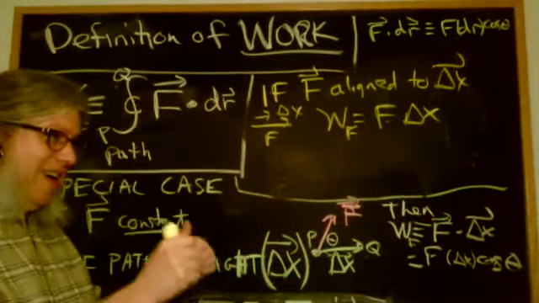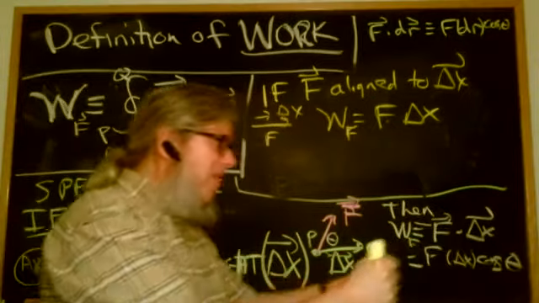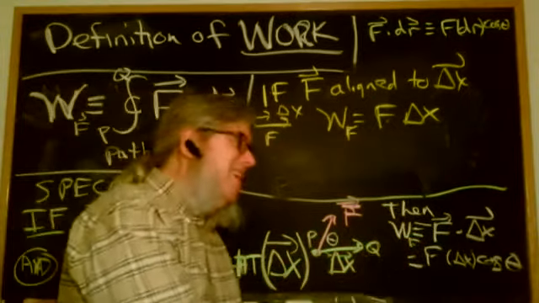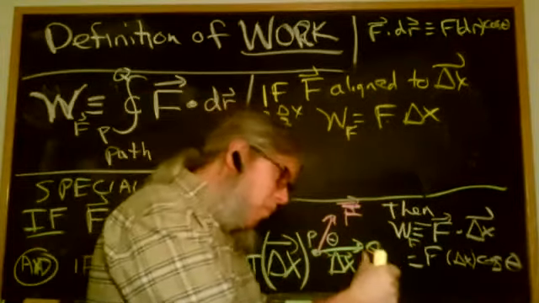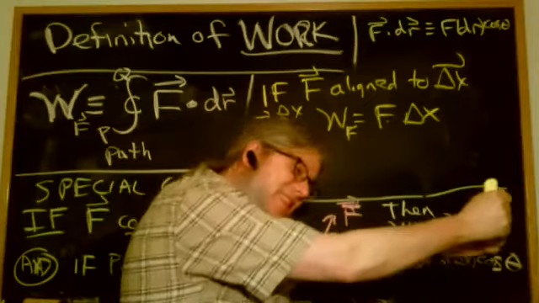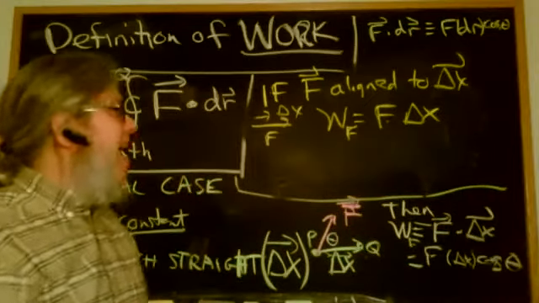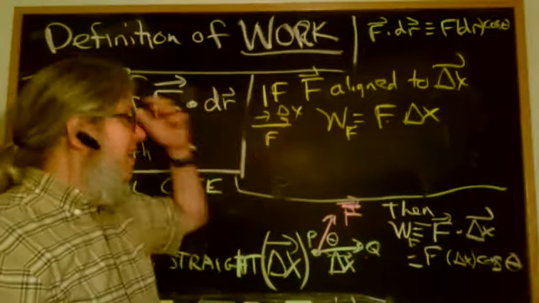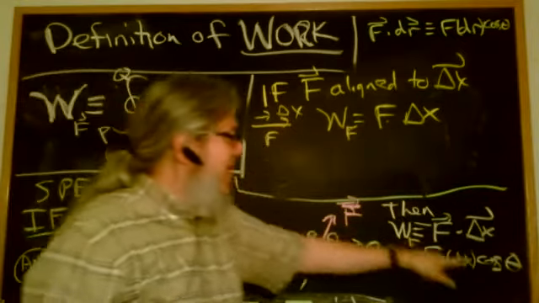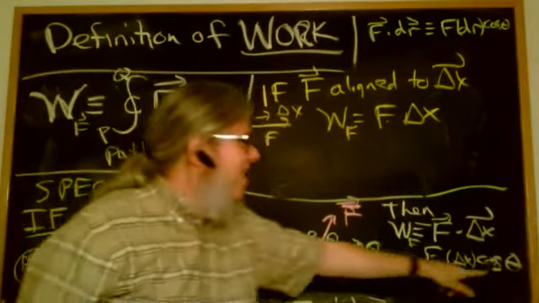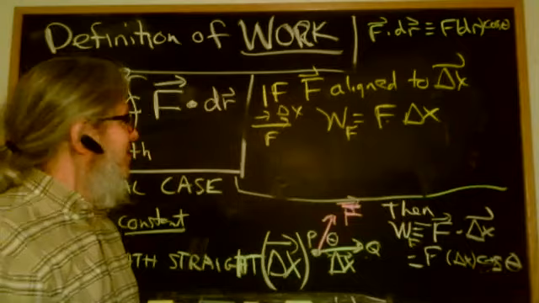If I take a car and I push the car, the work done by that pushing force is equal to the magnitude of that force times the distance I'm pushing forward, because both the force and the displacement point the same way. That comes from the fact that the angle between the two is 0, the cosine of 0 is 1, so you're all set.